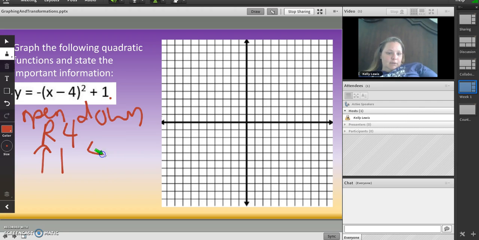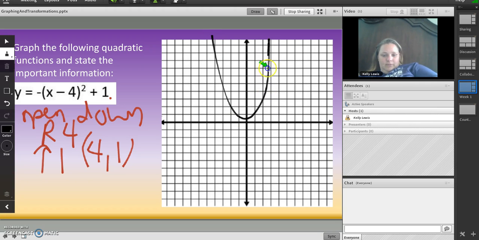This vertex is going to be 4, 1, because it's opposite. All right, so the normal guy is there, and then here we need to go right 4, and then go up 1. So right there. And then we need to open down. Sounds great.